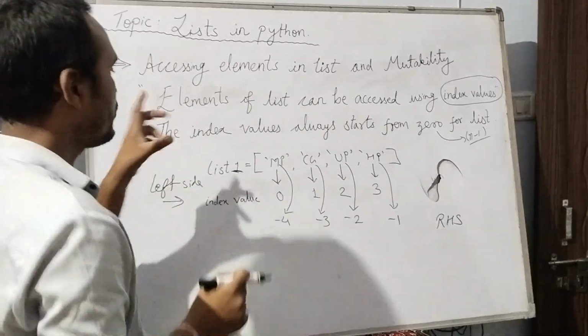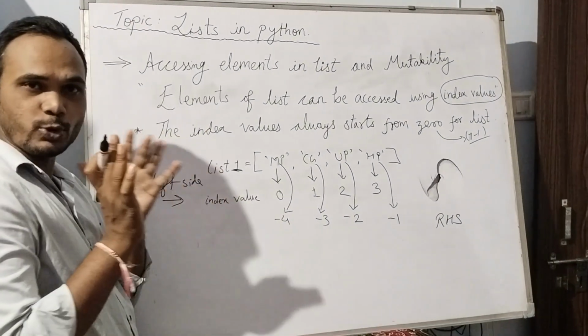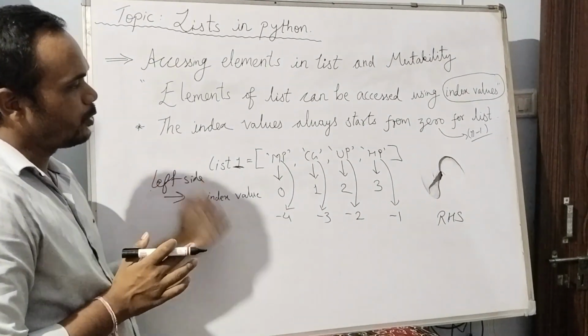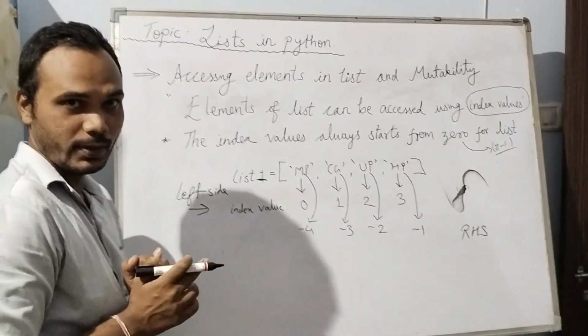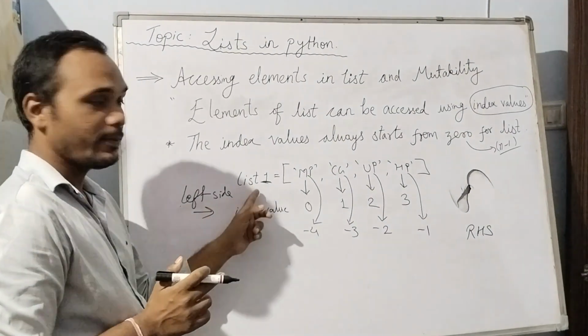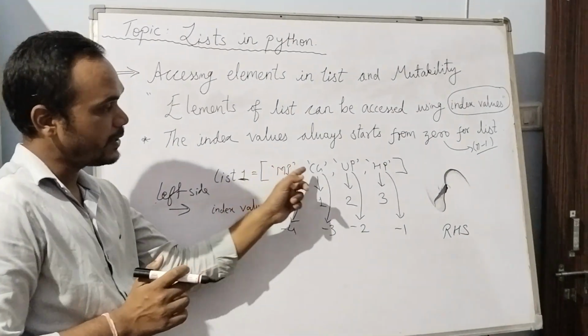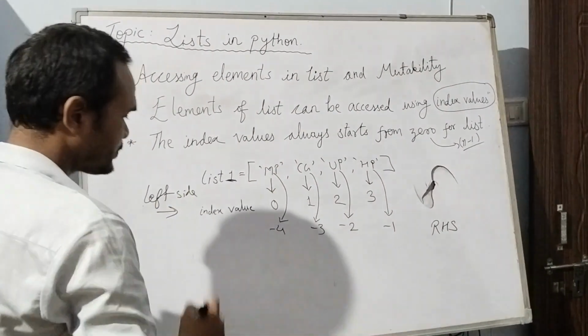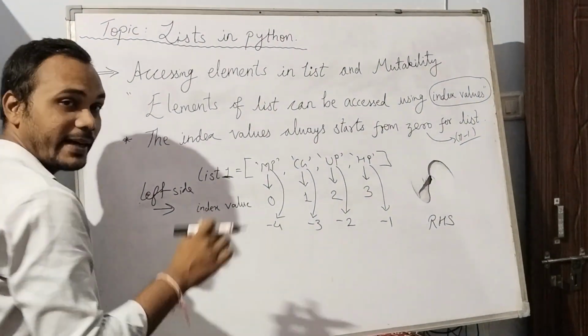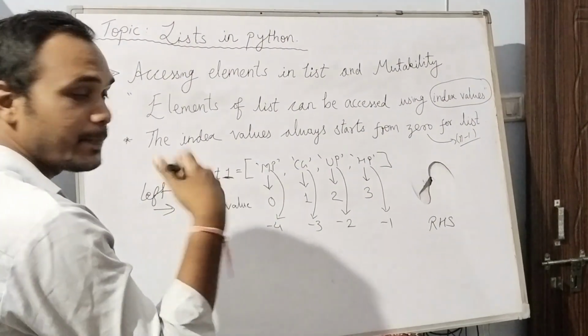Clear? Suppose the question asks you to write a code for the above list to access the element CG. How will you write it? Suppose you are using Python, so you are not required to write print over there.